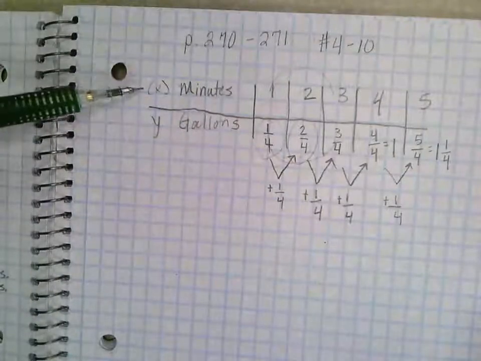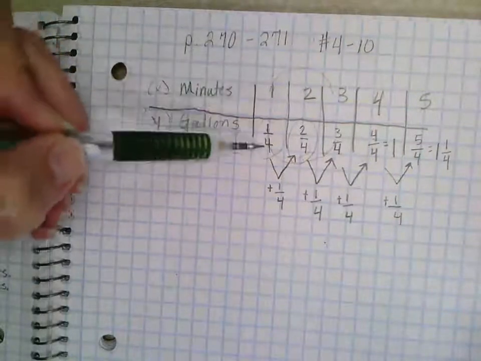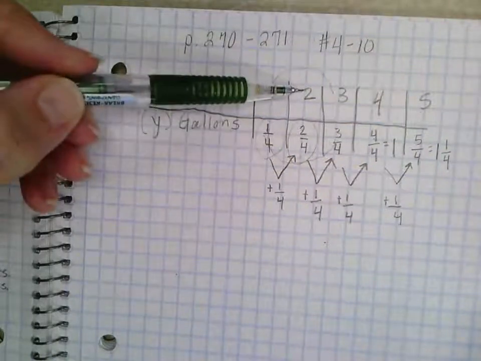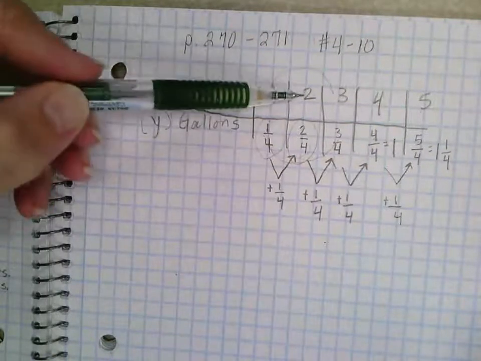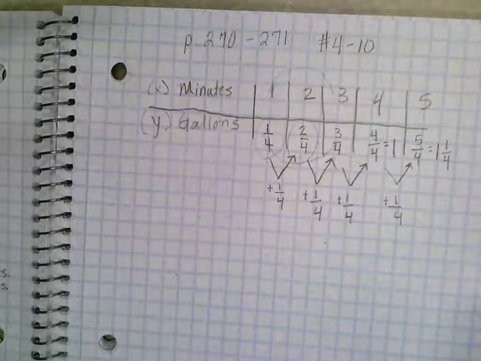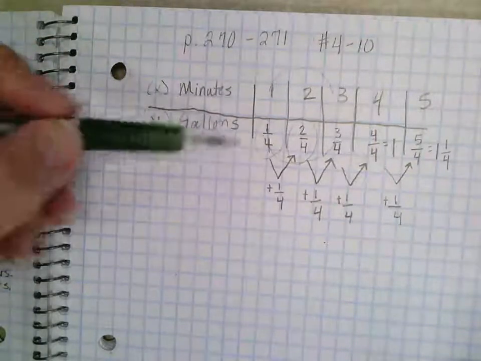So now that I've set up my table and I know the number of minutes and how many gallons I'm losing after each minute passes, I can write an expression to show what's happening.